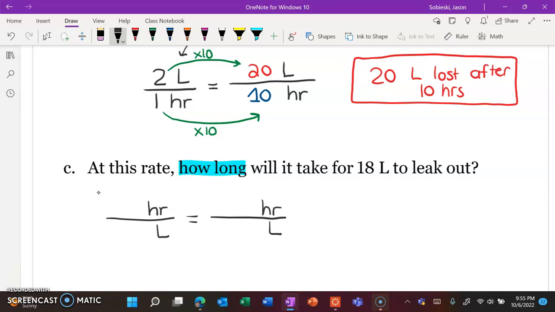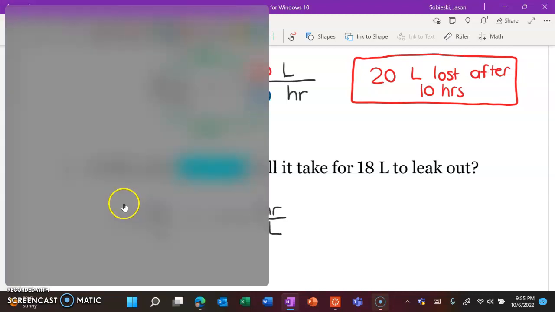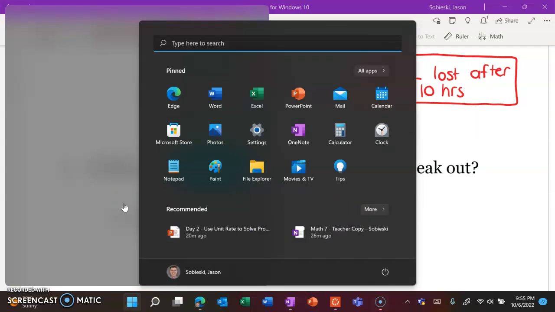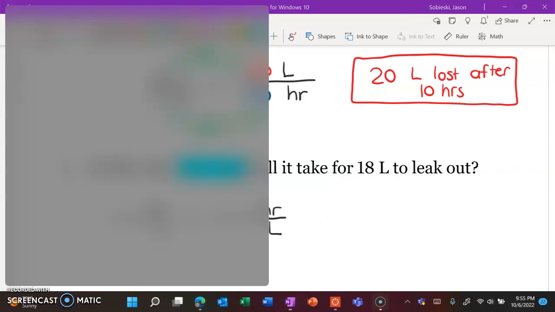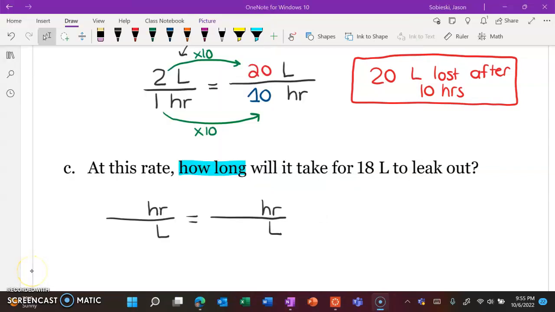Okay, so we can just start back at the original problem. You know that in 1/4 of an hour, you will have lost 1/2 of a liter. So we can put those in there.